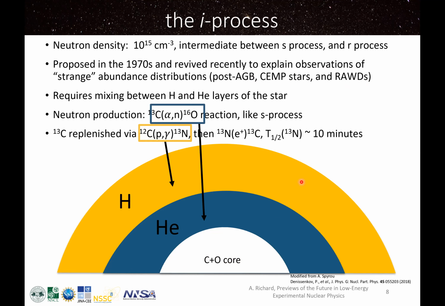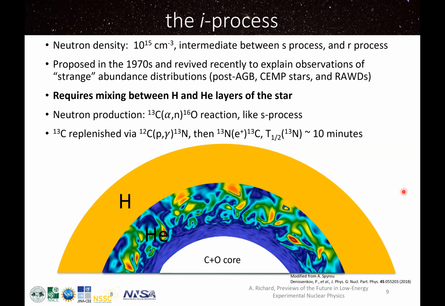Then our carbon-13 is replenished by carbon-12(p,gamma). We get nitrogen-13 that then decays to carbon-13, which is how we get this cycle. But in order for the I process to occur, what we need in simulations is convective mixing between the different layers. This is how we can conceptualize the I process occurring.